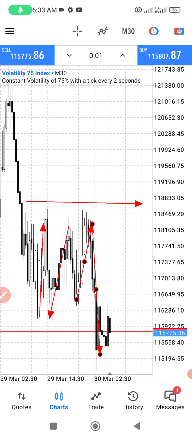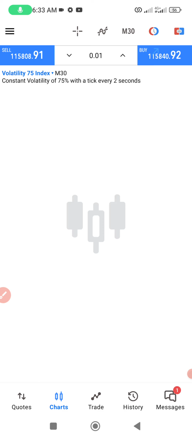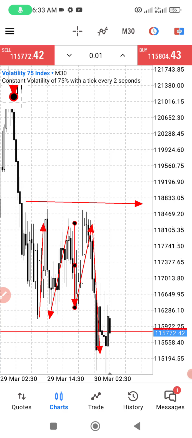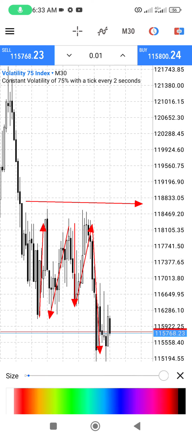I've been pondering and planning this content for a long period of time, and right here is the result. We are going to quantize the probabilities, and when we are making trading decisions, we take this into consideration. Right here you see that the probability is about 50%.